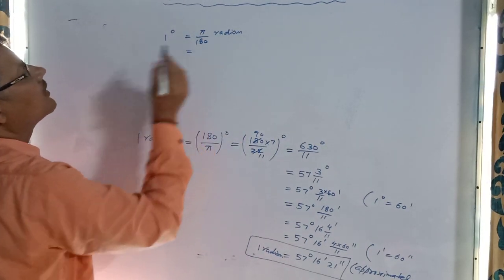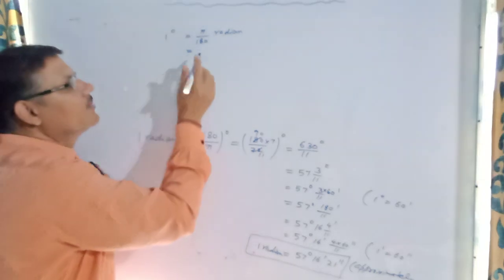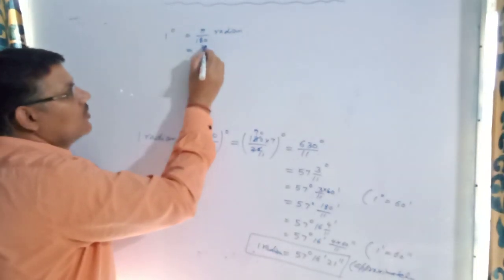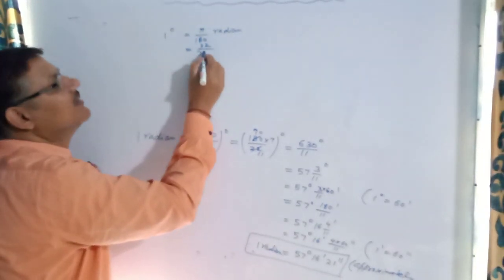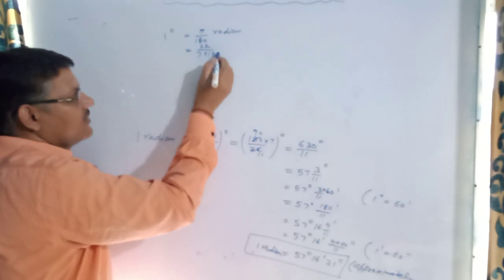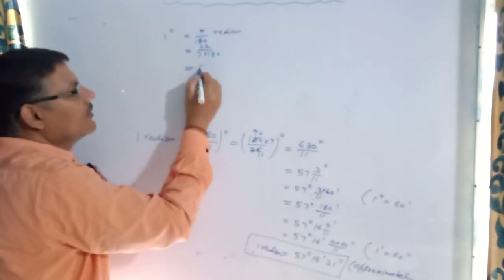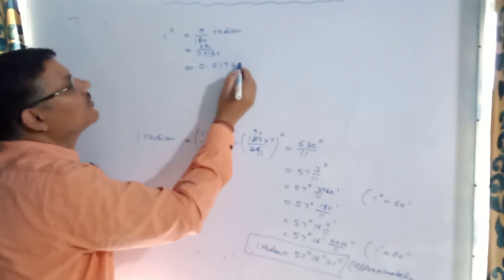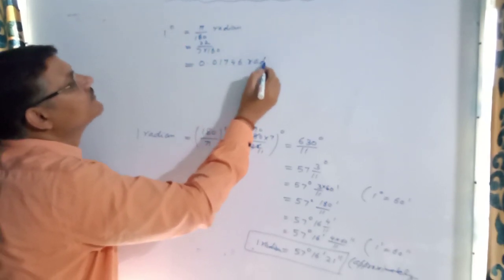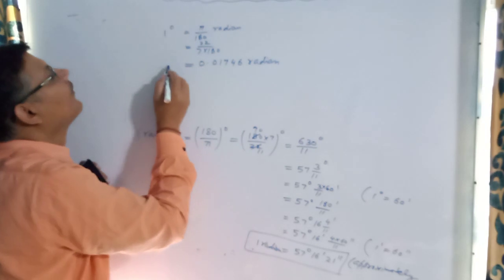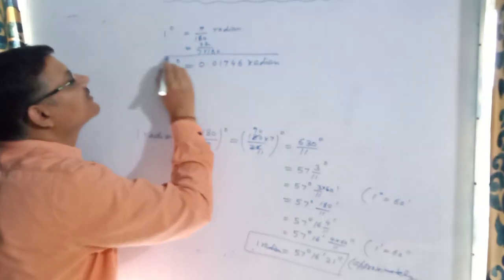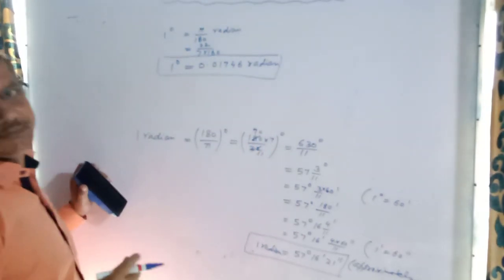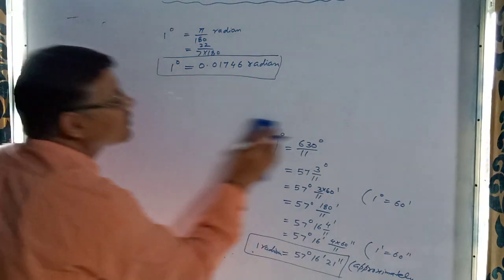And pi by 180, that is we divide 22 by 7 into 180, and when we divide it we get 0.01746 radians. Next relation is 1 degree equal to this. Okay. Now similarly we can change all angles into degree.